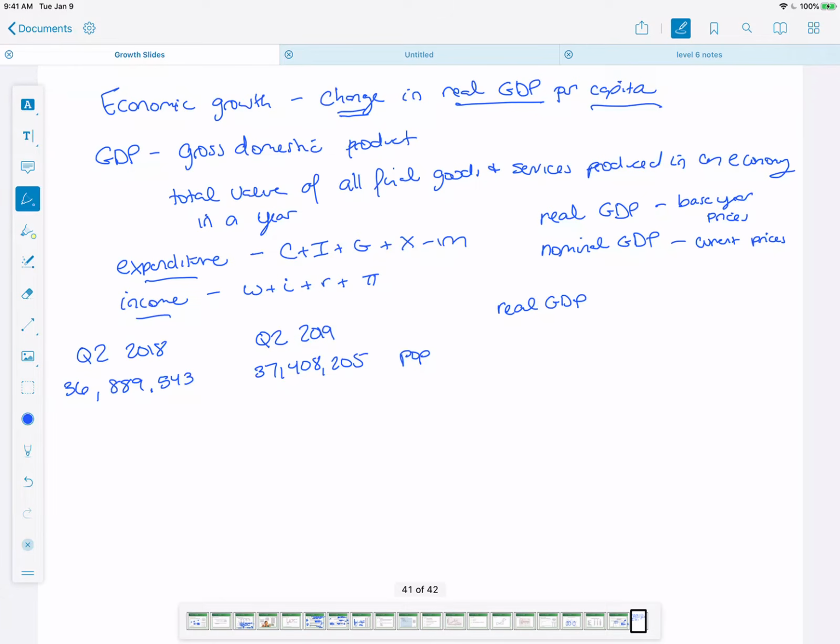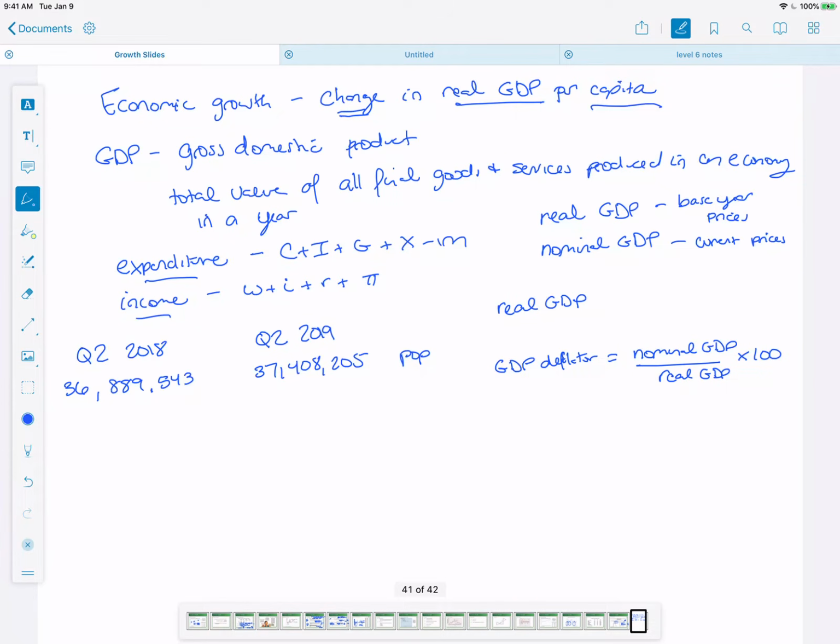So we can calculate real GDP if we have nominal GDP and the GDP deflator. We know already that the GDP deflator can be found by taking nominal GDP divided by real GDP times 100.